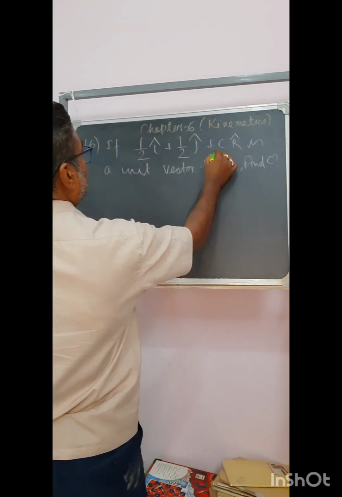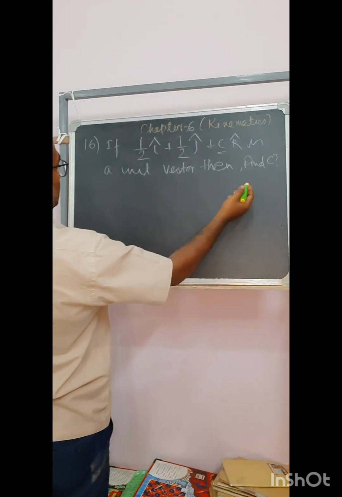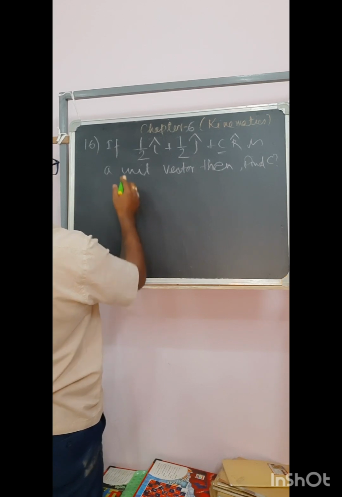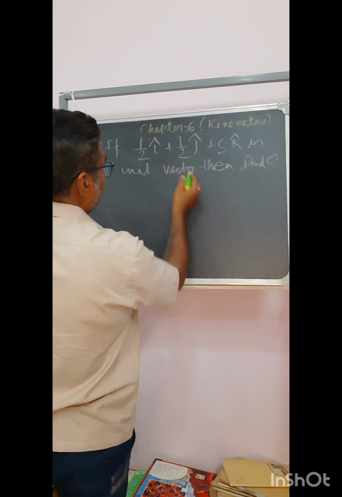C is an unknown here, so as it is a unit vector, what could be the value of it?